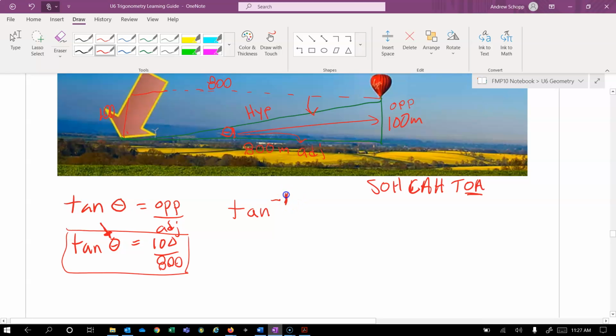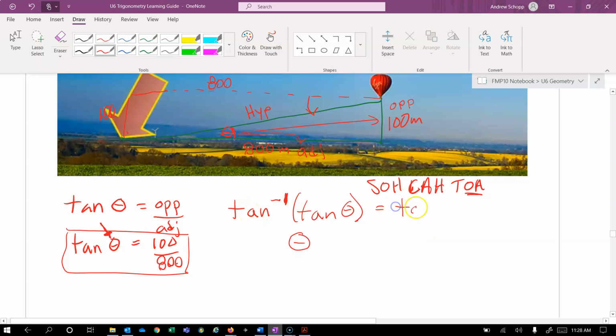Okay, so it's really important that we recognize that this -1 up here for the tangent is just saying the inverse of the tangent. Let's undo the tangent of this angle. So if we take the inverse tangent of the tangent of theta, those are opposite operations. We'll just be left with theta. And what we do to the left-hand side, we must also do to the right-hand side.